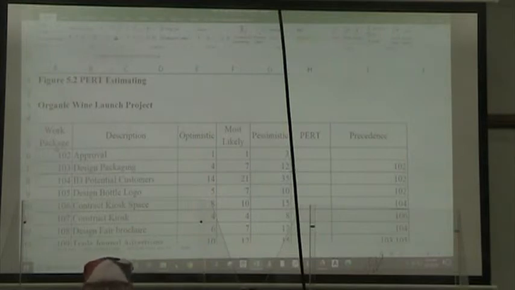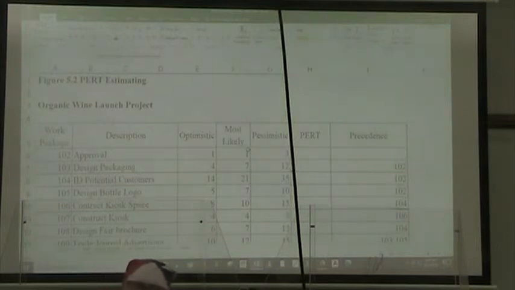So, what we do is we put all of those times down. Here's optimistic, most likely, and pessimistic. We are going to use a weighted average on those to determine what will be a likely time that we should use for our project.